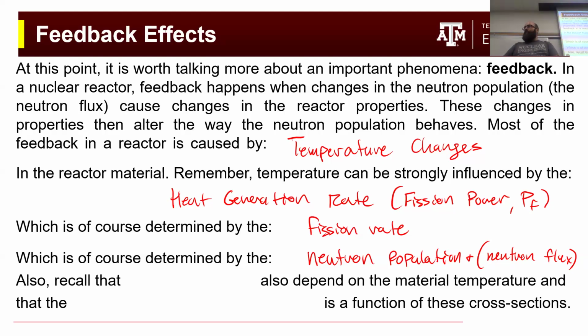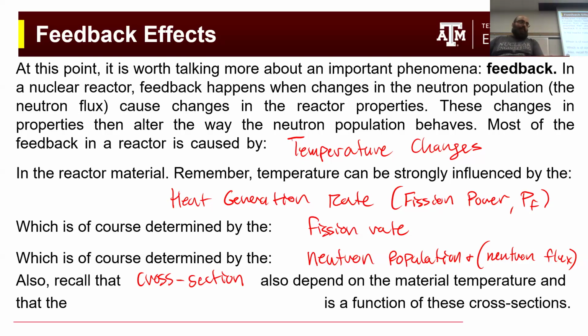So why does changing temperature end up affecting other things in my reactor? Remember that our cross sections are a function of energy, and certain things happen to them when temperature changes, like Doppler broadening of our cross sections, which can increase resonance absorption. So our cross sections also end up depending on temperature. Reactivity is about my production rates and my loss rates. My production rate is dictated by a fission cross section, and my loss rate is dictated by an absorption cross section.